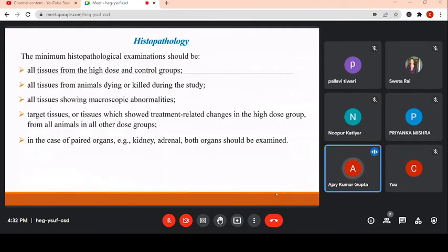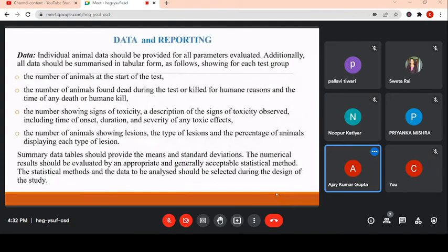Now we are moving towards the end, data and reporting. So data on the basis of observation, following or being restricted to the prescribed procedure, individual animal data should be provided for all parameters evaluated as stated above.